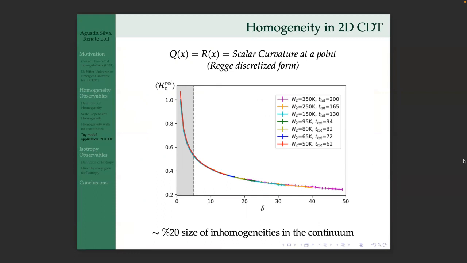So in this plot, in the vertical axis, you see the value of the inhomogeneity observable. Remember that its interpretation was a percentage deviation from perfect homogeneity. So in this case, at very short scales delta, which is, remember, the size of these chunks of the universe, we have 100% size inhomogeneities. This means that the fluctuations of this curvature are of the size of the mean value.